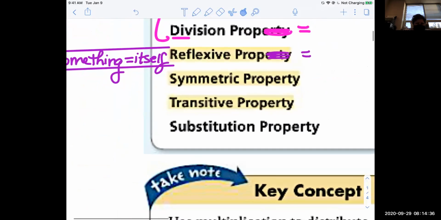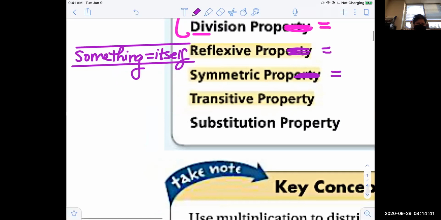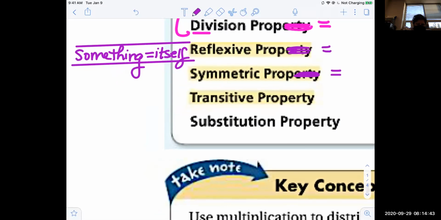Symmetric property of equality. I'll abbreviate reflexive like reflex, and I'll abbreviate symmetric like SYMM.